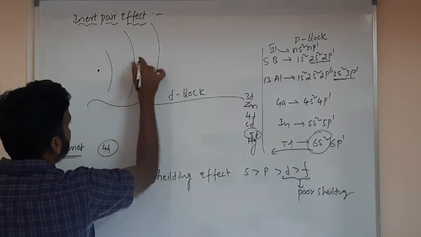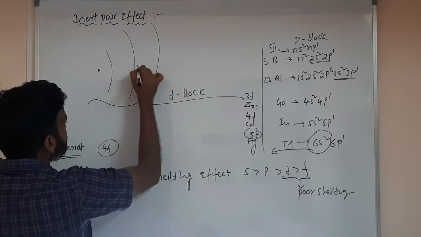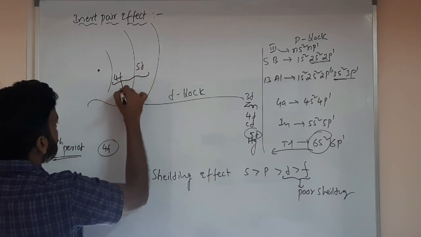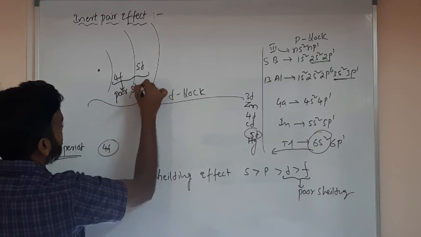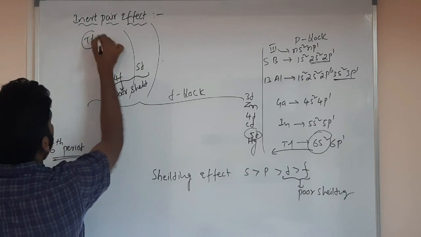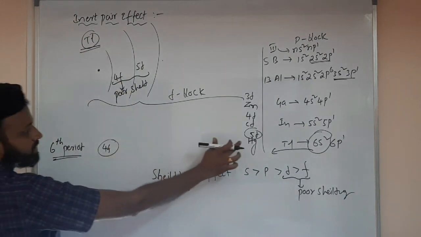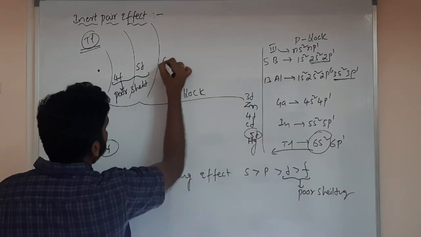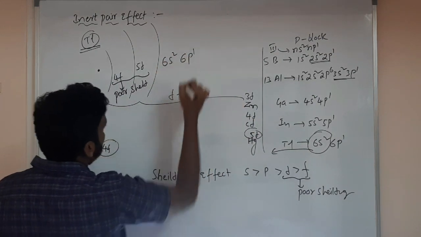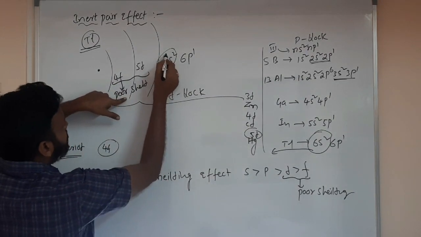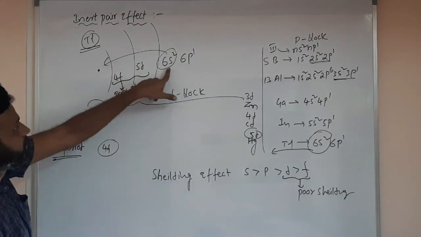Here you have 5D, here you have 4F. These are poorly shielding. For thallium, the inner subshells are 4F and 5D. So what is the outer subshell for thallium? The 6s2 and 6p1. So if these are poorly shielding, S electrons penetrate towards the nucleus.